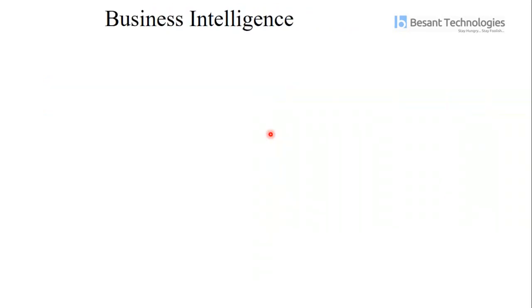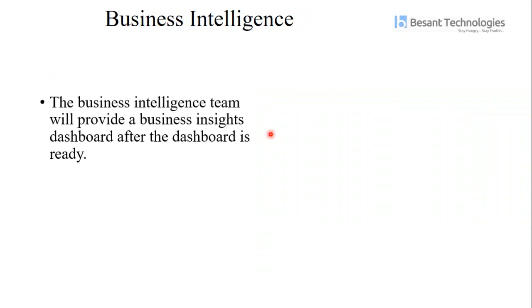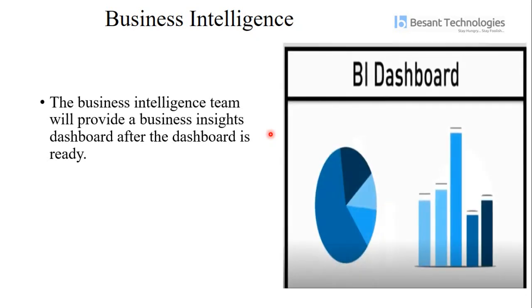The next thing is business intelligence. So what is business intelligence? The business intelligence team provides a business insight dashboard after your sales or some task gets completed. They always give you a dashboard like this, showing what's processing now, the current data, in a visualized manner.